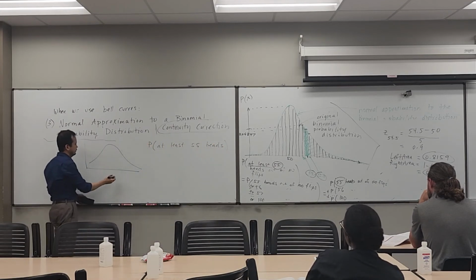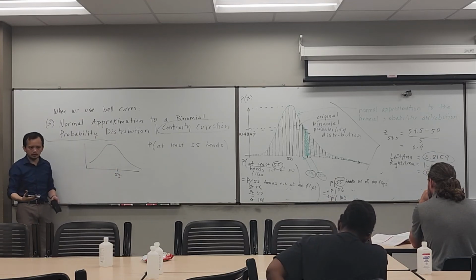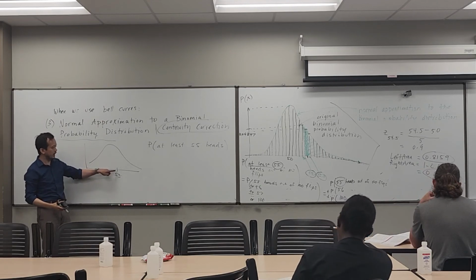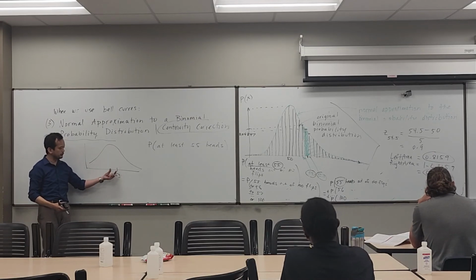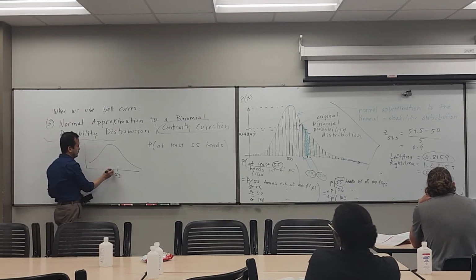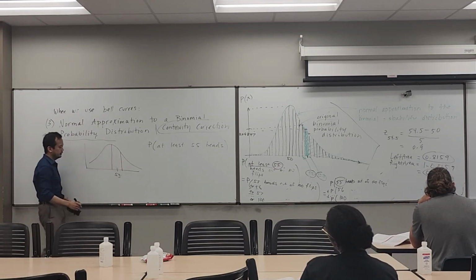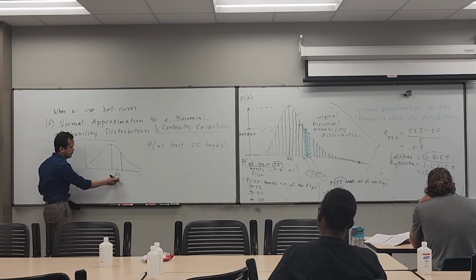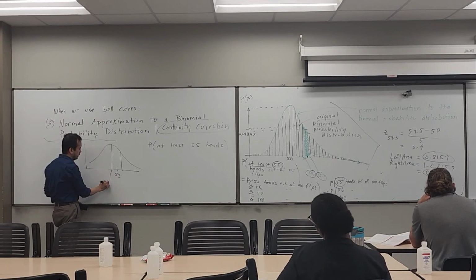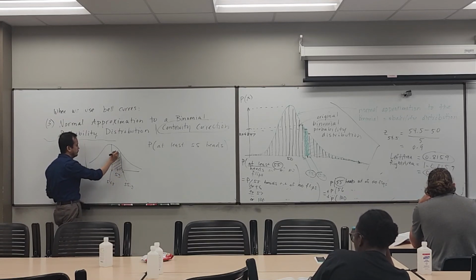So in that case, in the picture, we located where 55 was, but we said because of continuity correction, this discrete point now becomes a region so that we can find the area and probability for that point. I'm going to make this region dramatically large so you can see it. So around 55, we're going to add and subtract 0.5. So the data point of 55 is really 54.5 to 55.5. So that's just the data point of 55.